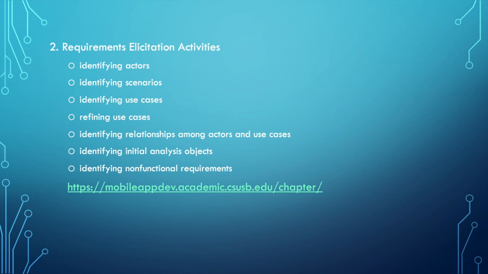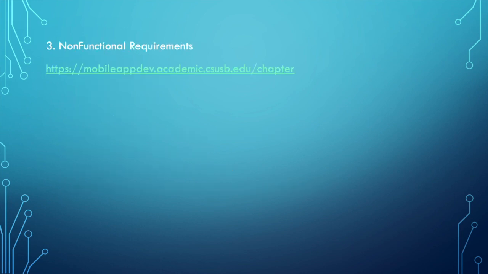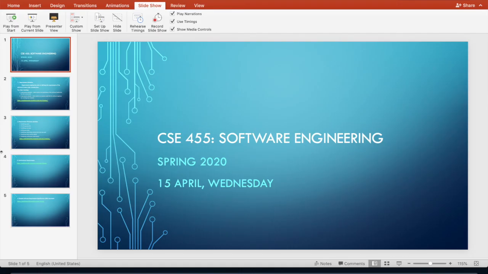So this part of the requirements is, if you remember, we identify the actors in the use case diagram, and then, let me go back to where I should be.